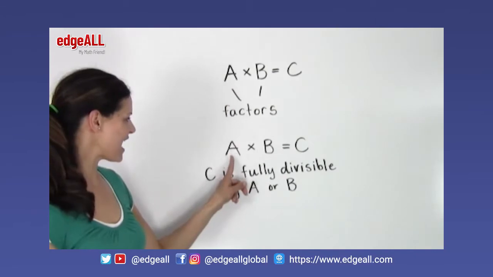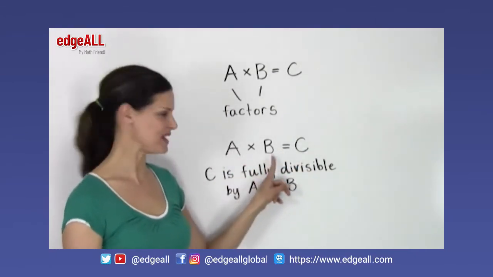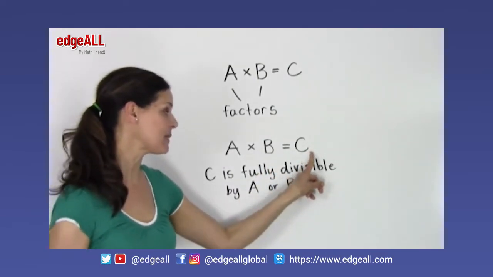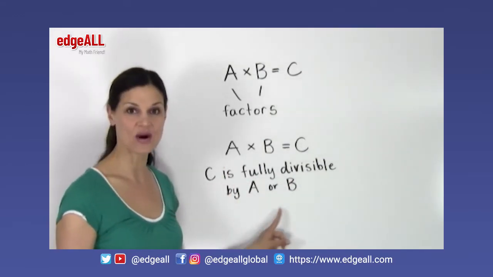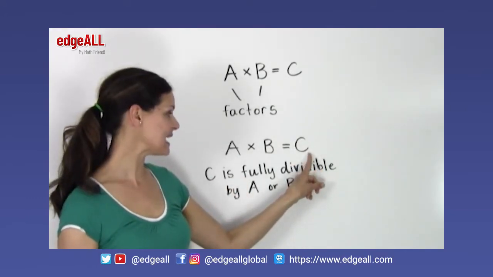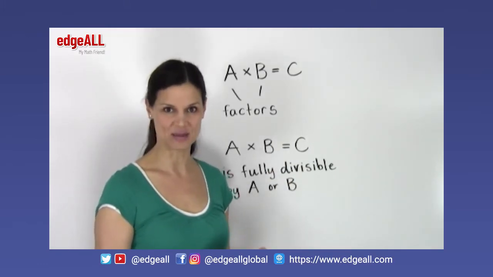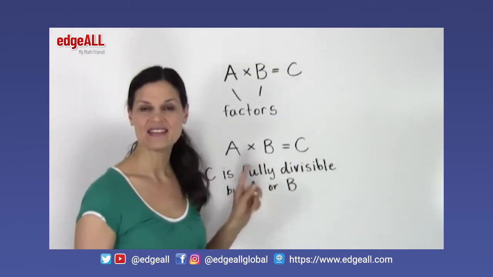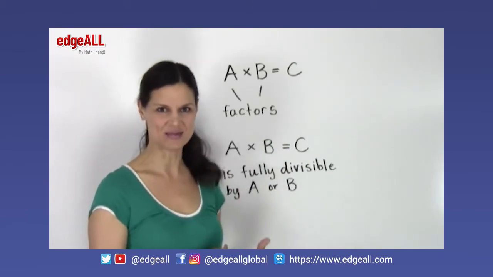So if I have A times B equals C, so A and B are both factors of C, then C, my product, is fully divisible by A or by B. If I divide C by B, there will be no remainder. It's fully divisible. Similarly, if I divide C by A, there will also be no remainder.